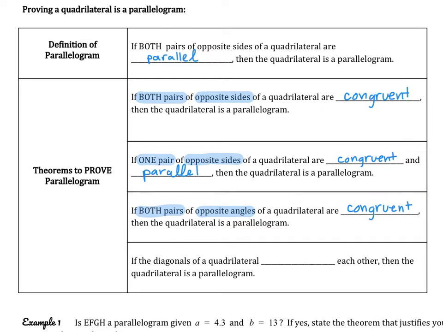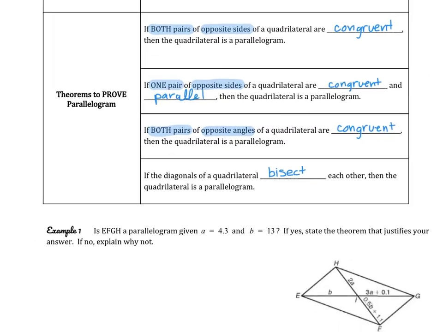Or our last option is if we can determine that the diagonals of a quadrilateral bisect each other, then that's enough for us to state that the quadrilateral is a parallelogram. Keep in mind, as we go through these problems, we're going to be looking for ways to use one of these 4 theorems to prove that a quadrilateral is a parallelogram.